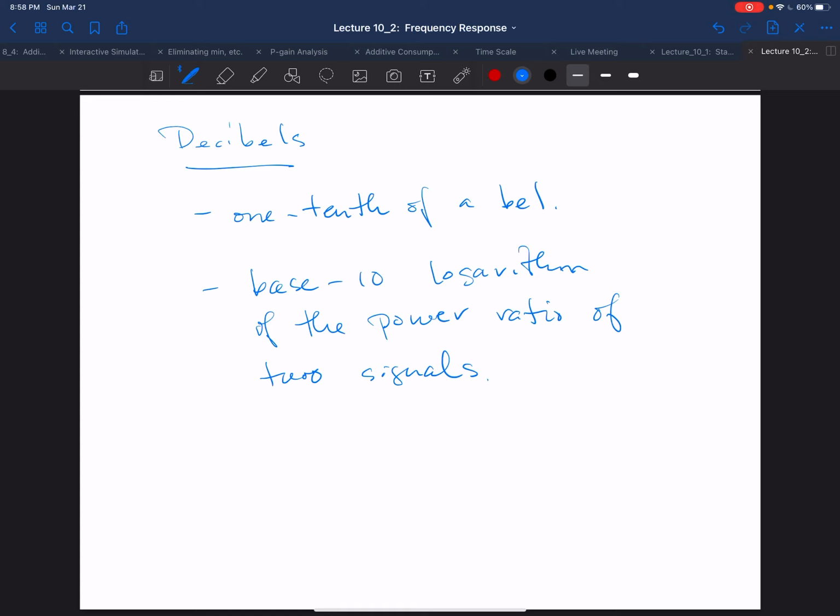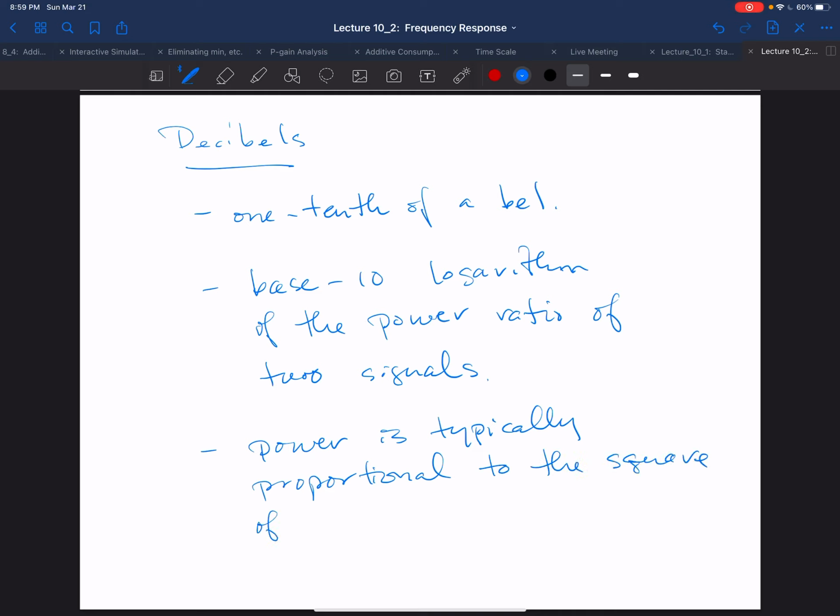So what do we mean by the power in a signal? The power is typically proportional to the square of a signal. Why do I say that?